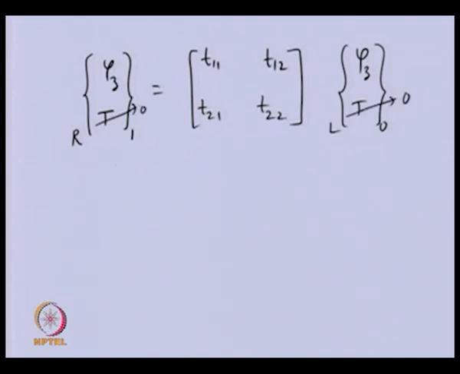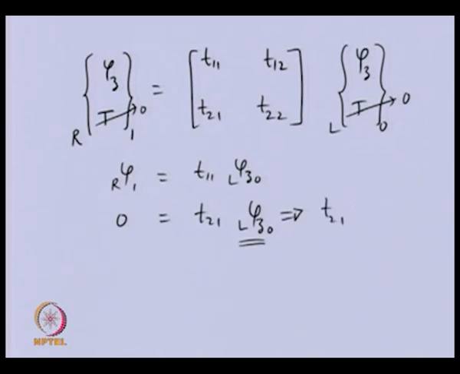You can see that if we expand this, we will get from the first equation, and this is from the second equation. And because this displacement cannot be 0 at free end, we need to have T21, which is a function of natural frequency, equal to 0.